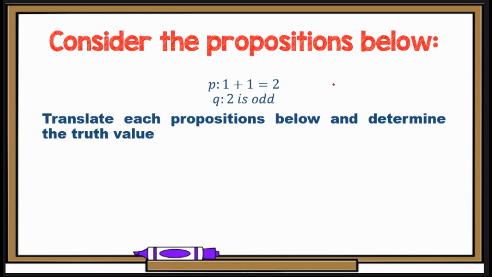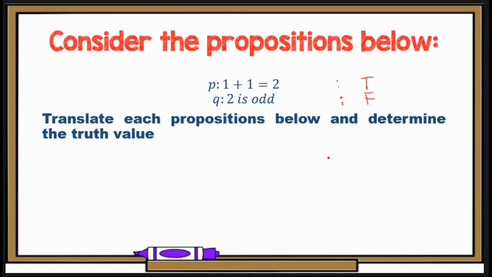Here, let's assign truth values. The truth value of P, 1 plus 1 is equal to 2, is true. For Q, 2 is odd: when we say odd, it is not divisible by 2, or it is not a multiple of 2. So 2 can be divided by 2 and you will end up with the whole number 1. So this is false, because 2 is even.